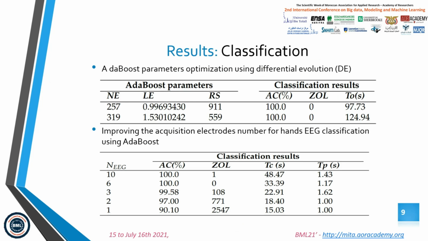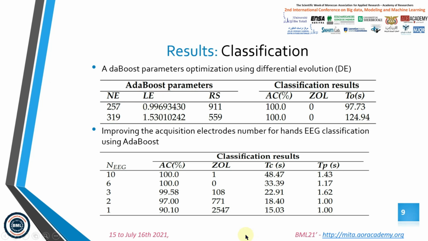When applying the optimizer DE to improve the parameters of the AdaBoost, we can see that all combinations of parameters found a very high accuracy value of 100 with an optimization time of over 97 and 124 seconds. To choose the best parameters, we search for a very low number of estimators and a very high learning rate.